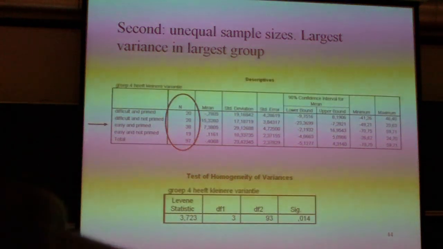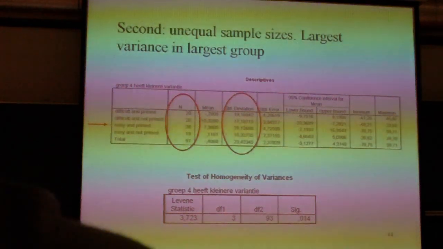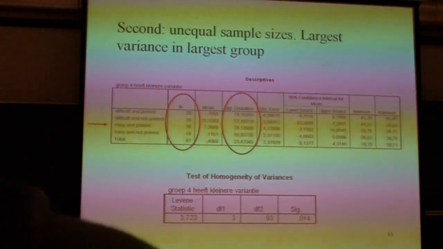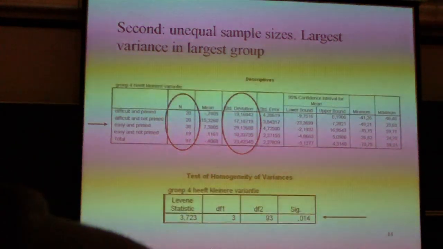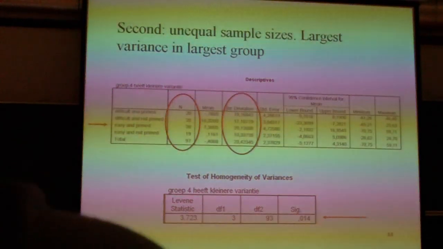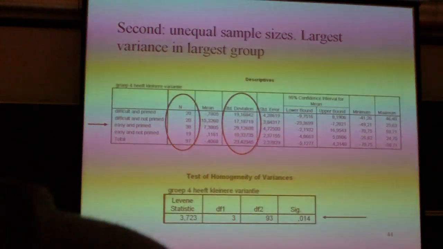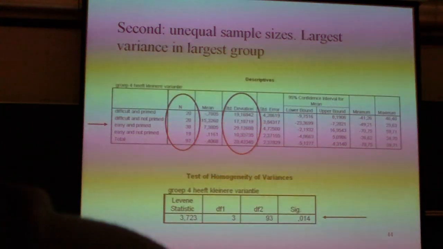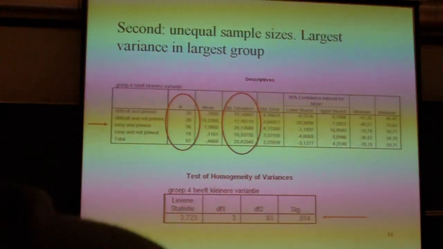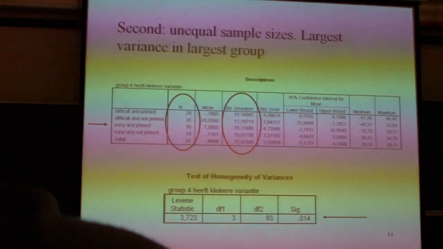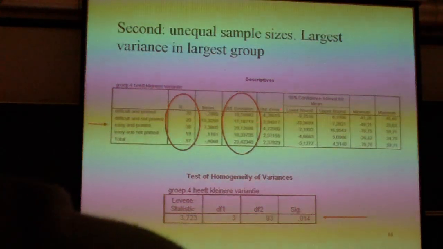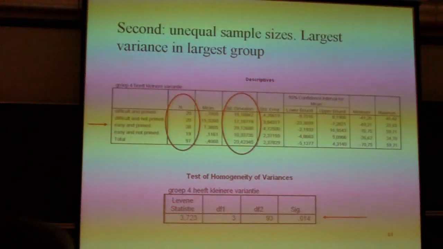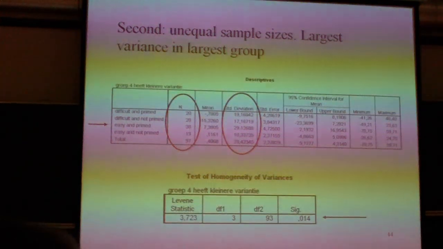And yes, we can see that the largest standard deviation is to be found in the largest group. This has the consequence that the mean square within, the pooled estimate of the error variance, is somewhat inflated, because the largest group indicates a relatively large standard deviation and thus a large variance.